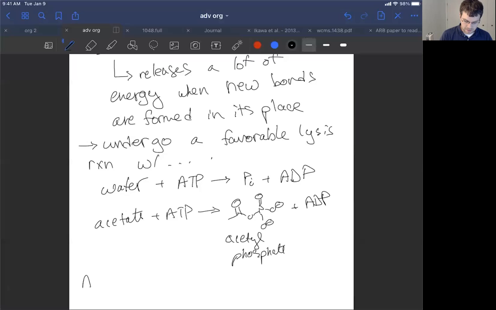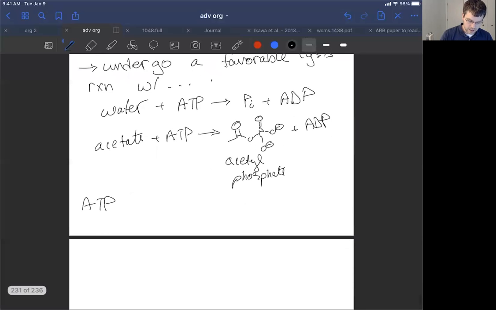Okay, so here's ATP again. ATP is adenosine triphosphate. So adenosine is ribose with adenine. So that's adenosine. And what I want to focus on is the TP, which is the P-O-P-O-P arrangement of phosphate groups.